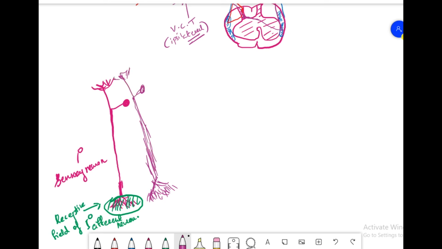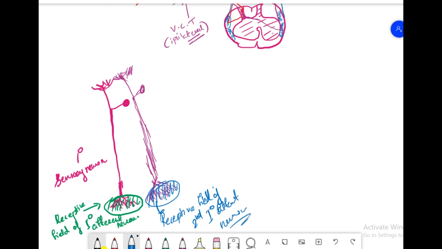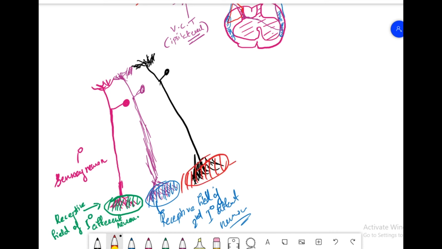Again I am drawing the axons and nerve terminals of another primary sensory neuron, with its cell body and dendrites, and this is the receptive field of the second primary sensory neuron. I am drawing another neuron and its axon terminals, and it has a specific receptive field.